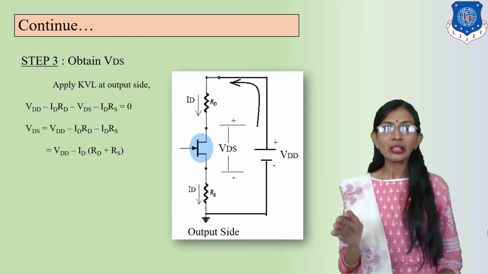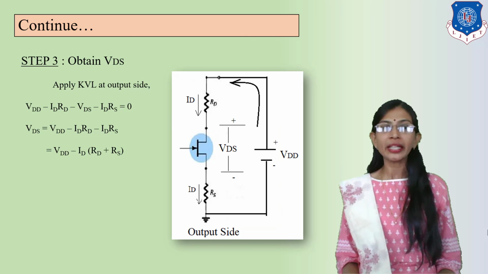So we will have VDD minus IDRD minus IDRS is equal to VDS. So rearranging the equation, we will get the final equation of VDS, that is VDD minus ID, take common the drain current, and in the bracket RD plus RS. So thus we are defining the three main parameters: input voltage, output current and output voltage, using this biasing circuit concept.